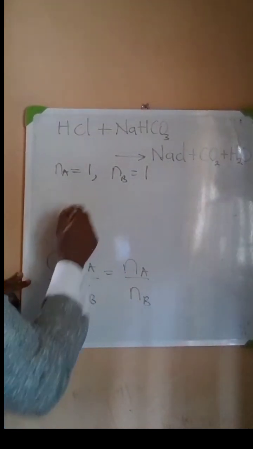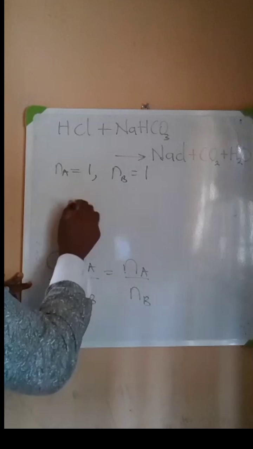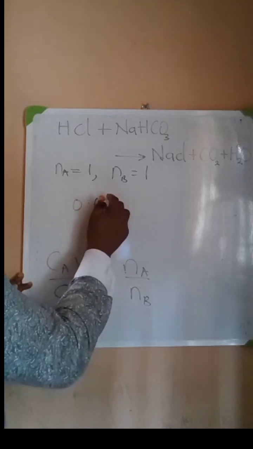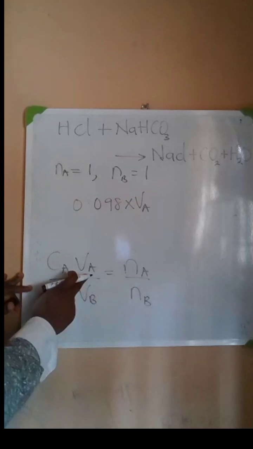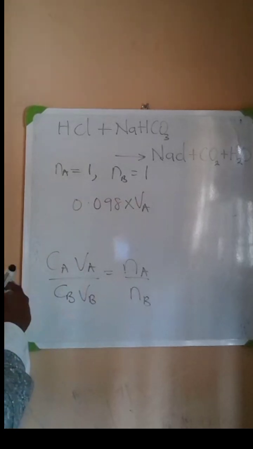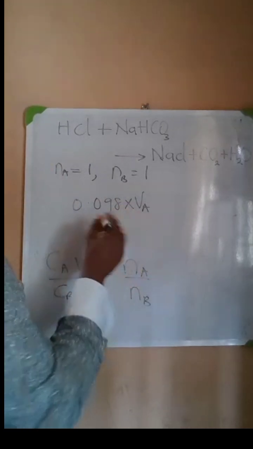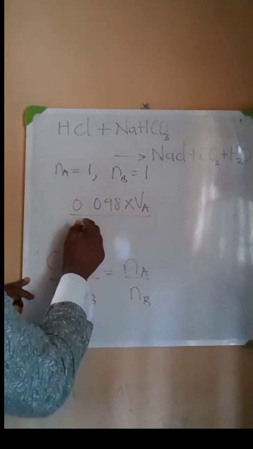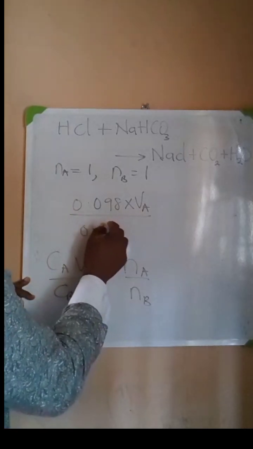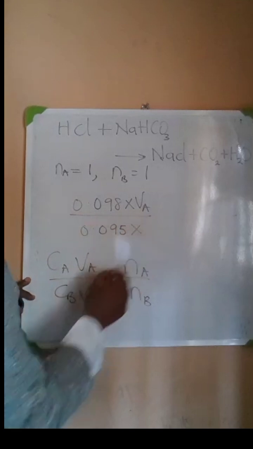we have Ca to be 0.098. Then Va is the expected volume of the acid that will give us the endpoint, divided by Cb, which is the concentration of the base, which we got as 0.095, times Vb.